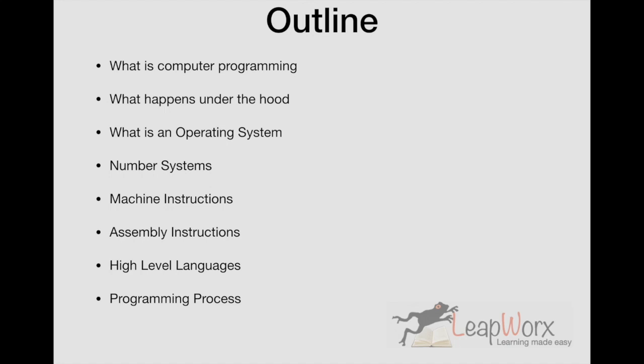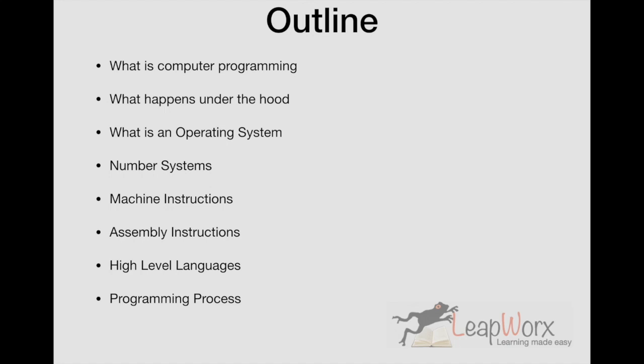So the outline of this class is we start with defining what programming is. Then we figure out how a program works under the hood in the computer. We talk about operating systems and why they are important in a computer. Then we try to understand the number system that's used by the computer.